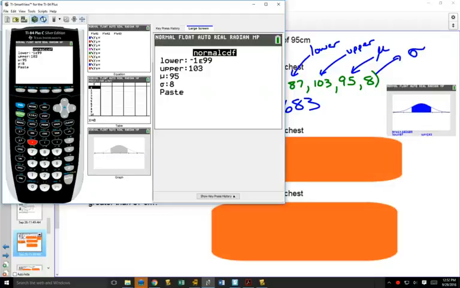What that is, that e to the 99 is like scientific notation. That means 10 to the power 99. In other words, you'd have 99 zeros there. How big of a negative number is that? That's huge.